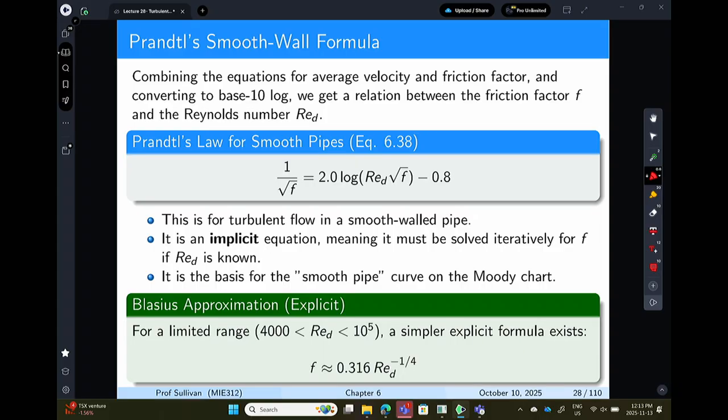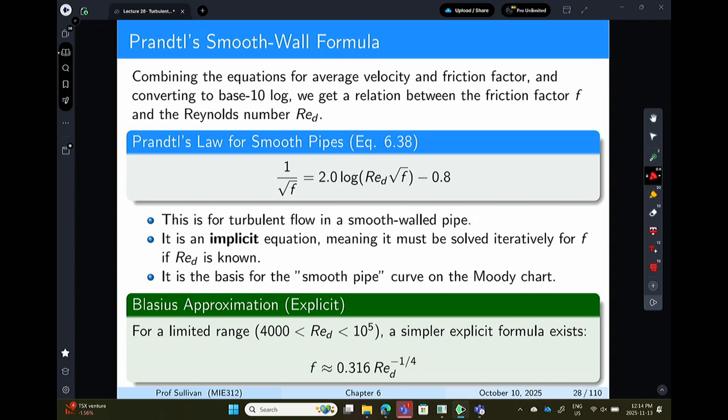This is for turbulent flow in a smooth wall pipe. Smooth walls means that there's no roughness, nothing on the surface. It's an implicit equation because you have square root f on both sides of the equation, and it has to be solved iteratively for f if Reynolds number based on diameter is known. It's the basis of the smooth pipe curve on the Moody chart. And in a couple slides, I'll show you the Moody chart.